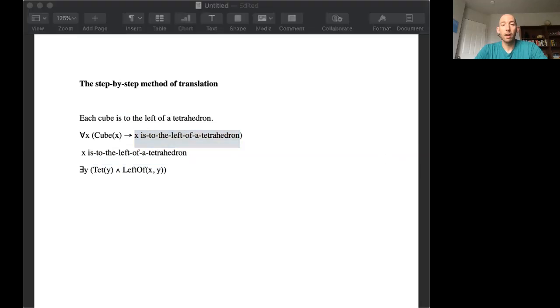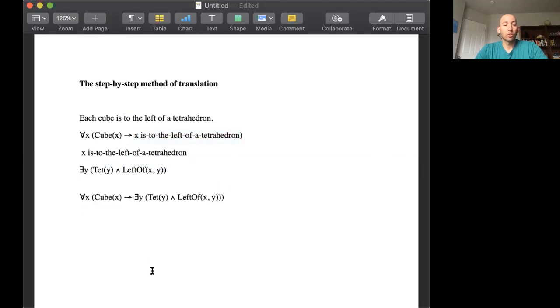So we end up with this complete sentence, which looks like this: for all x, if x is a cube, then there is at least one y such that y is a tetrahedron and x is left of that y. So this now gives us the translation of the English sentence that we wanted: each cube is to the left of a tetrahedron.